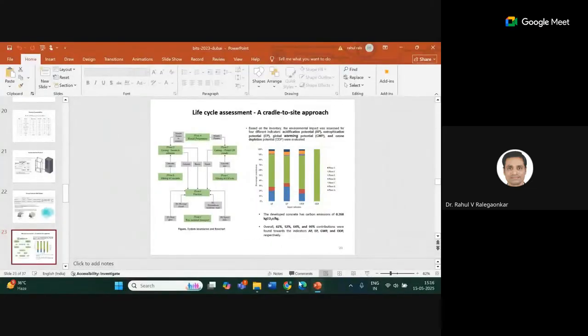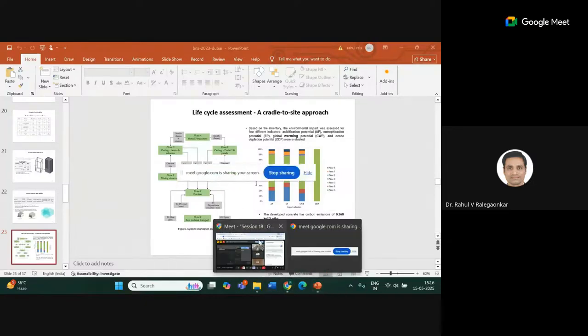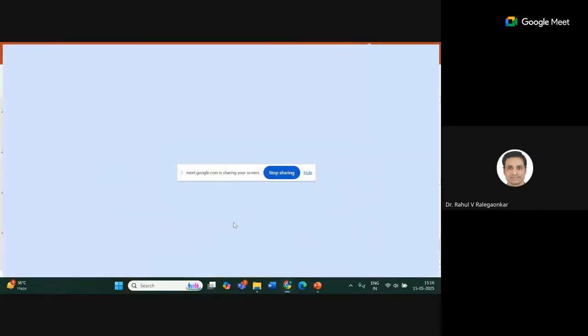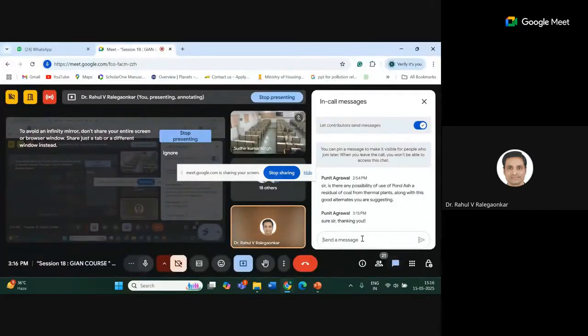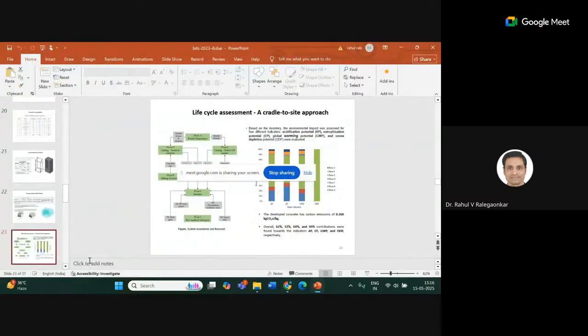Do we have any other queries, or I can just take up quickly next 5-10 minutes more about the principle of circularity? So I can connect you with this, Punit. I can connect you with this particular RMC plant which is in Mumbai, and you can just talk to them.